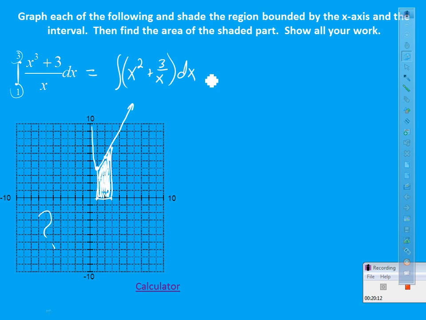So now let me find this antiderivative. So this antiderivative becomes 1/3 x cubed plus the antiderivative of 3 over x. I'm hoping that you recognized it already. I got an x to the first in the denominator.